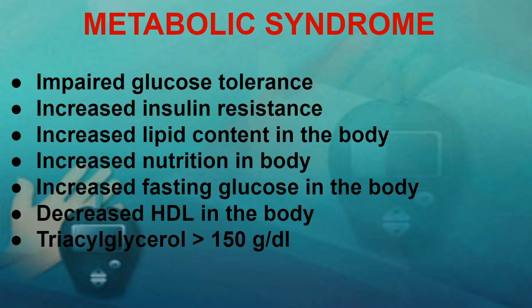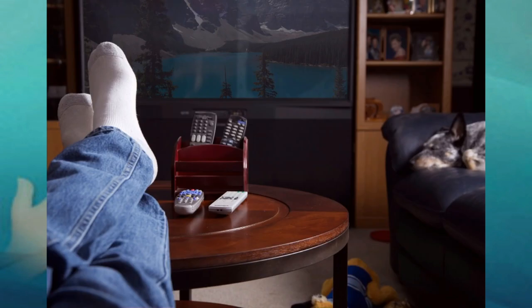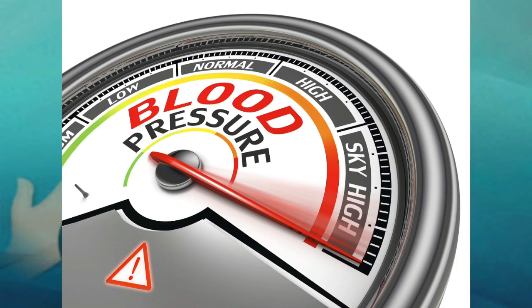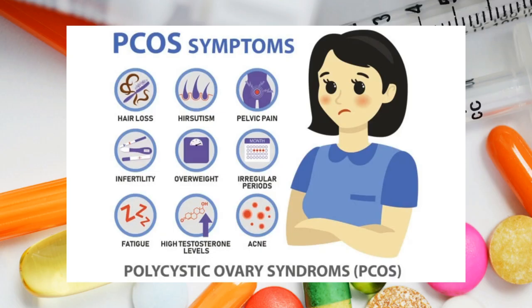And the triacylglycerol of course increases, and it is more than 150 mg per dl. Now this metabolic syndrome is basically seen in persons having very little physical activity or in obesity, and over here the blood pressure becomes very high in the patient. Also the metabolic syndrome is related to PCOS.